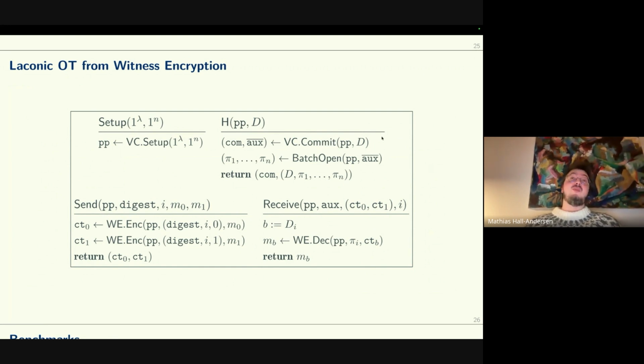So if I evaluate the polynomial at I, it can be at most 0 or 1. It can't be both. And so you can recover at most 1 of the 2 messages. And because KZG commitment is succinct, the commitment has the same size no matter how many things you commit to. This trivially gives you a Laconic OT. It's a very, very simple construction of Laconic OT. Yeah.